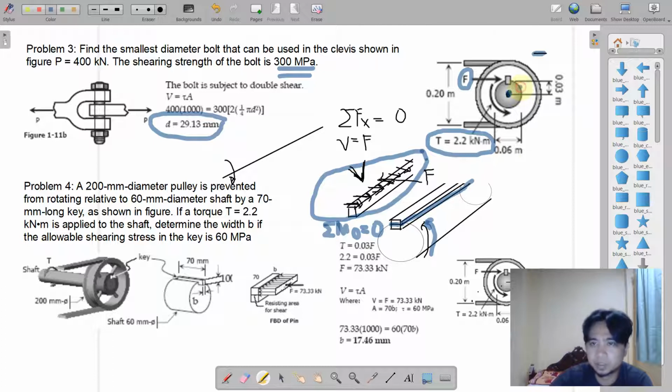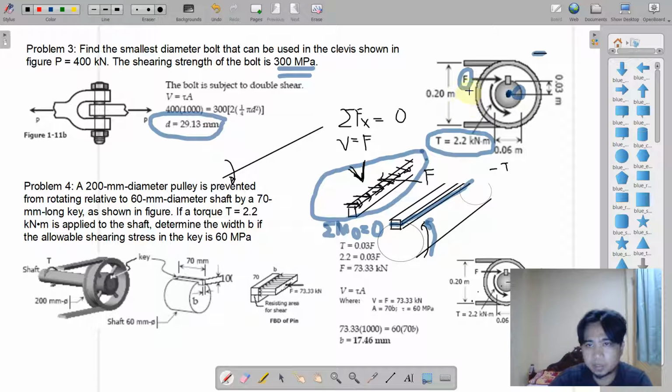Okay, so see, this is point O, or the point of origin of the axis of the body or the shaft. So doing that, we have what? Counterclockwise torsion, that is denoted by negative T, isn't it?